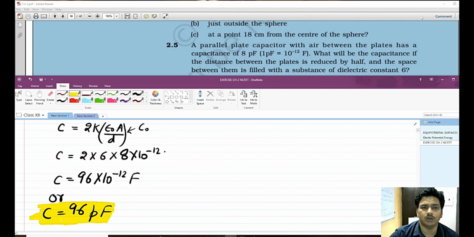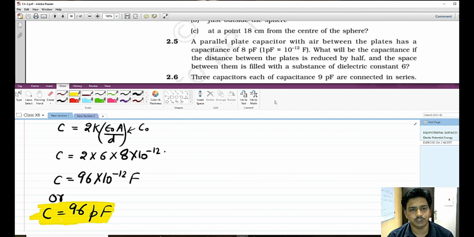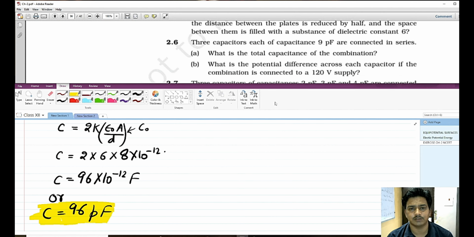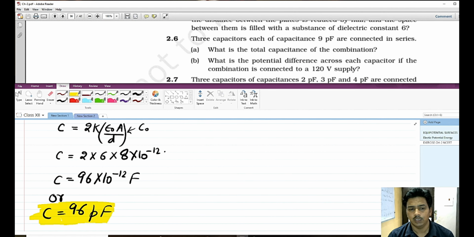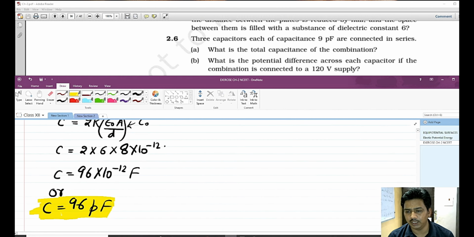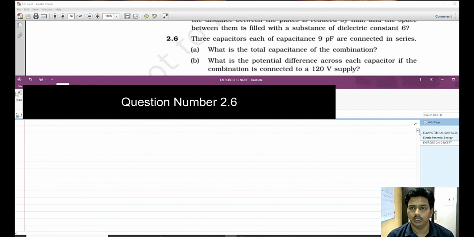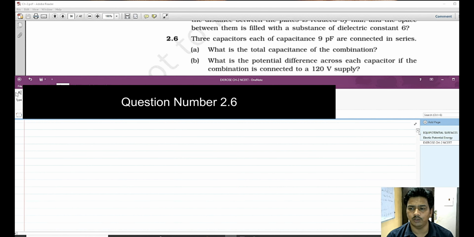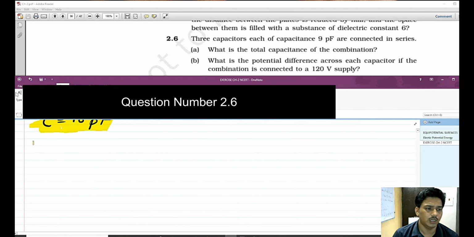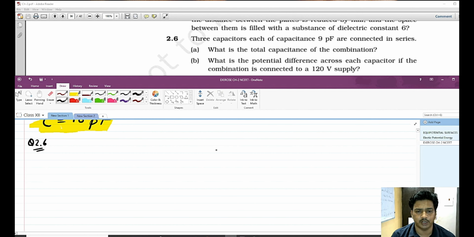Now we are going to solve the next question. The next question is question number 2.6. It is from the topic capacitance, the series combination of capacitors. Question number 2.6. 3 capacitors, each of capacitance 9 picofarad. There are 3 capacitors.